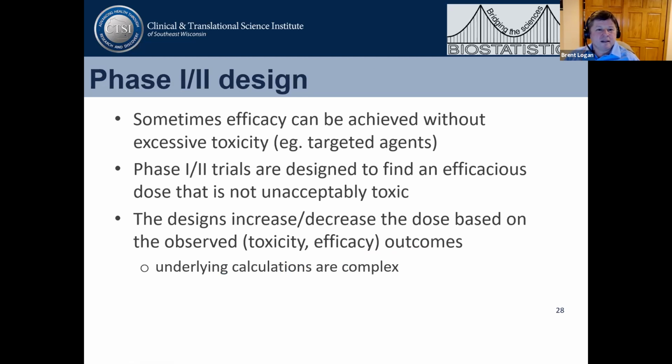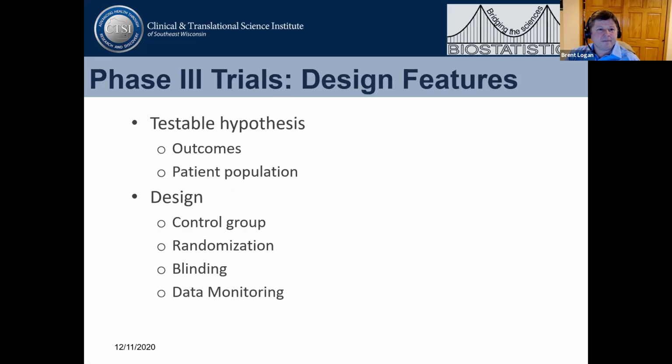So you're trying to find an effective dose that's not toxic, as a combined goal. And so there are designs that do that as well. They tend to increase or decrease the dose based on the observed toxicity or efficacy outcomes. But the designs are typically complicated, so you'll want to work with a statistician on that kind of thing.